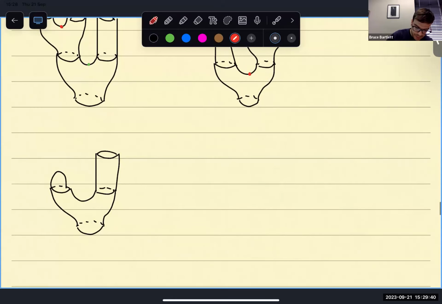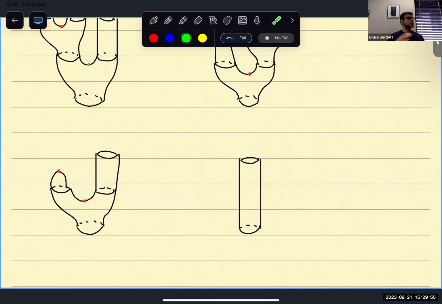And again, I have two critical points, this one and this one. And again, my Morse functions are just the height functions for these surfaces.